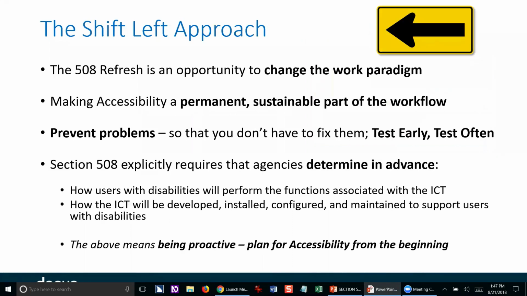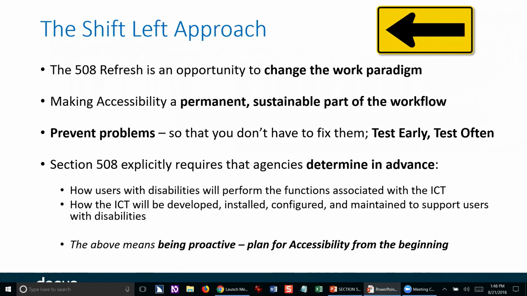So by now, we're seeing that compliance with Section 508 is a significant venture. It doesn't happen magically, and it doesn't happen overnight. The best and most efficient compliance is to shift left. The shift left approach is centered on the idea of incorporating accessibility from the beginning, because thinking about accessibility at the end is expensive and difficult.